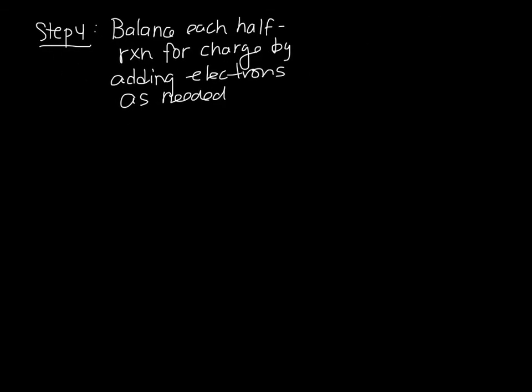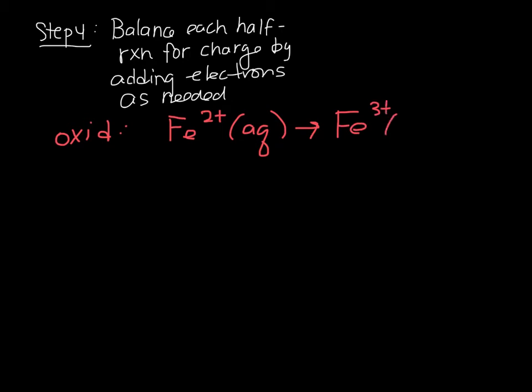Let's make some room here so that we can work. So let's look at our oxidation half reaction. We had so far Fe2 plus going to Fe3 plus. So we have a charge imbalance here, and we need to add 1 electron to the right side.